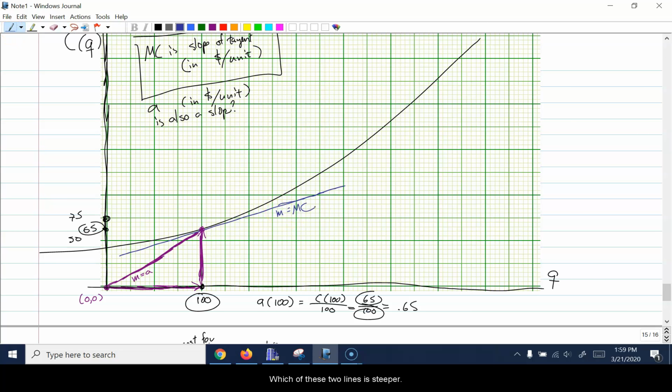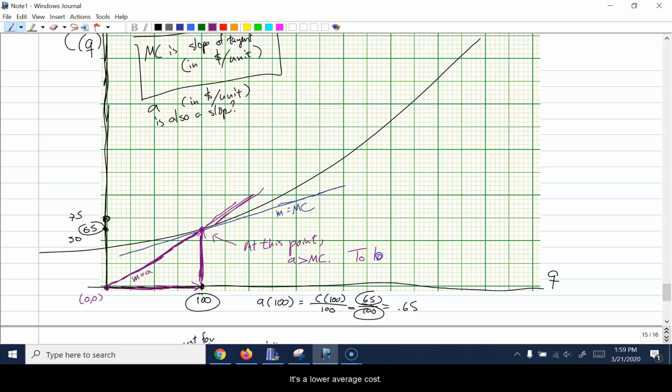Which of these two lines is steeper? Like I can totally see, the purple line is increasing faster than the blue line because it's going past the curve. The blue line is not. So yeah, at this point, A is bigger than MC.